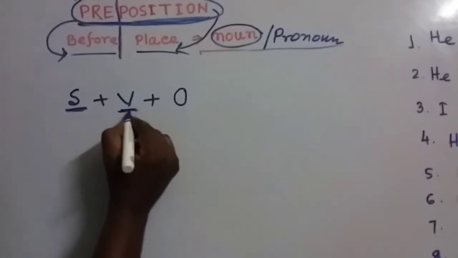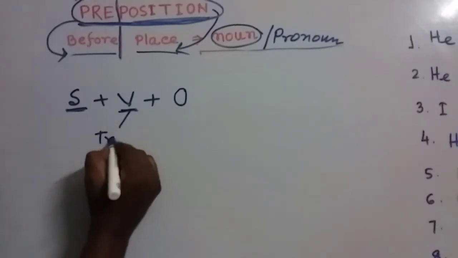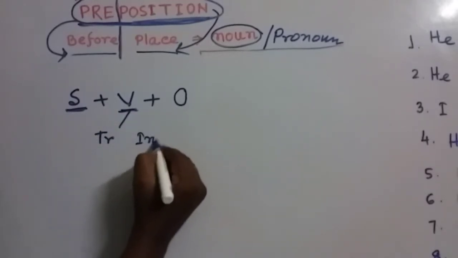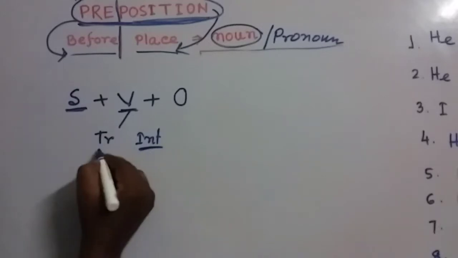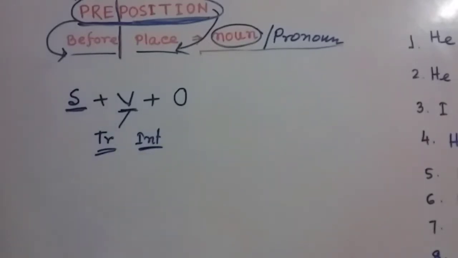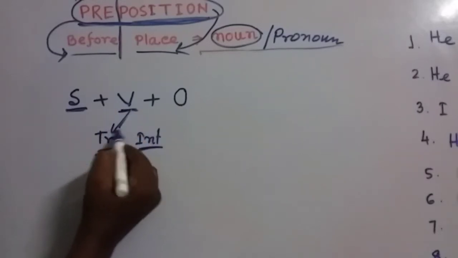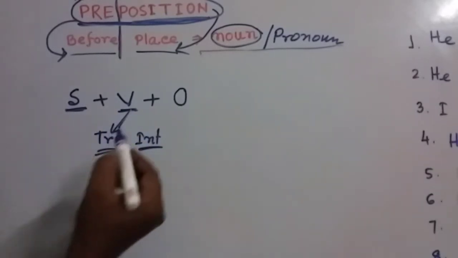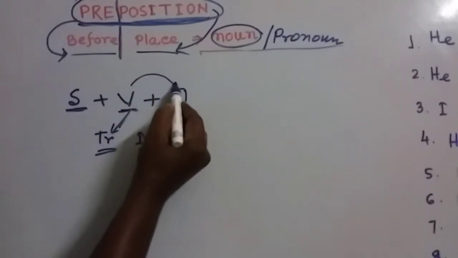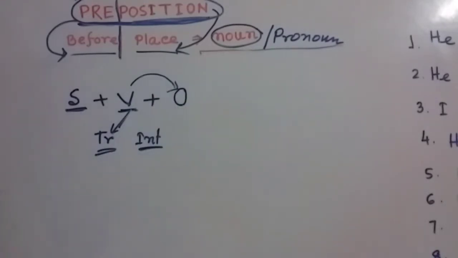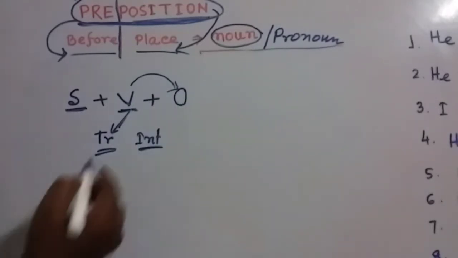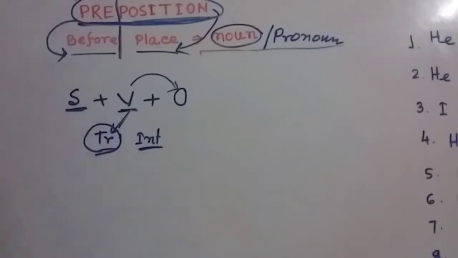My dear friends, this verb may be transitive or intransitive. This is the most important thing to know about the preposition. My dear friends, transitive means the verb is having an object. If there is an object, the verb will be called transitive.